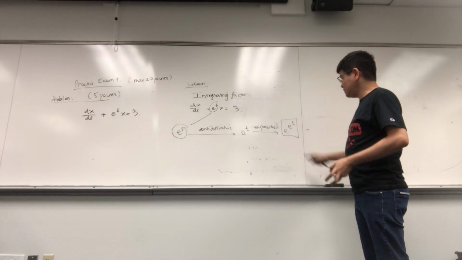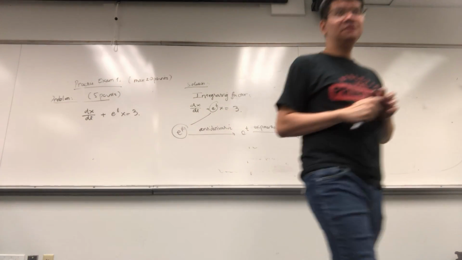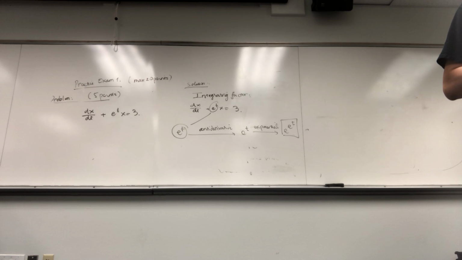All right, the next step will be to multiply this to both sides. Yes? Question: usually when you take the antiderivative, you end up multiplying the exponent by t. So are we not doing that here because we already have a t here?